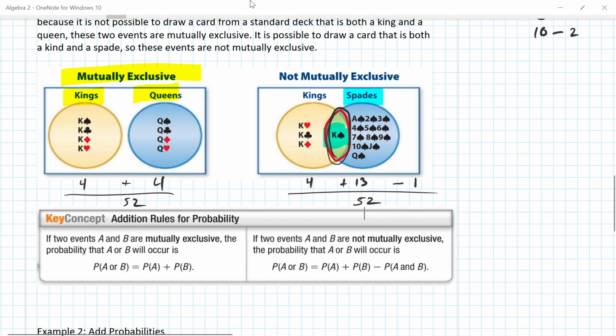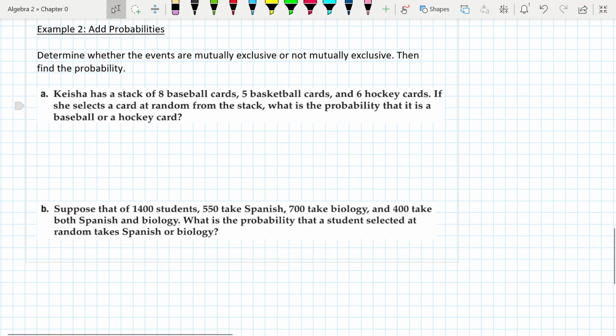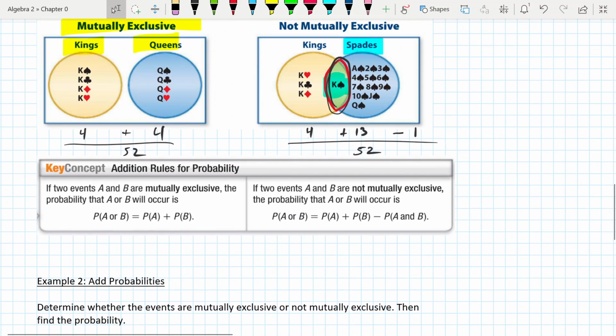Let's go ahead and take a look at some examples. Example 2, we're trying to add probabilities here. Determine whether the events are mutually exclusive or not mutually exclusive, then find the probability. One thing, let me go back up here real quick.